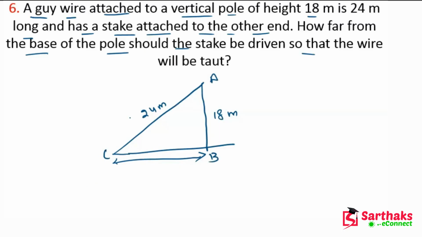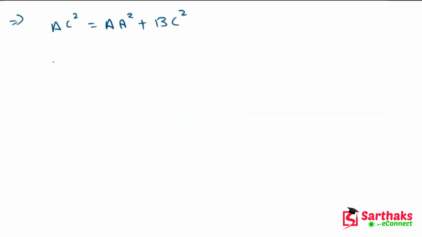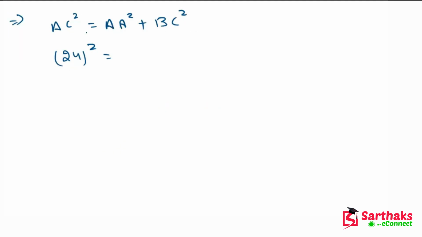Again we can do it by Pythagoras theorem. AC square is equal to AB square plus BC square. AC is 24, so 24 square is equal to AB square, and AB is 18, so 18 square, plus BC square, which we don't know.